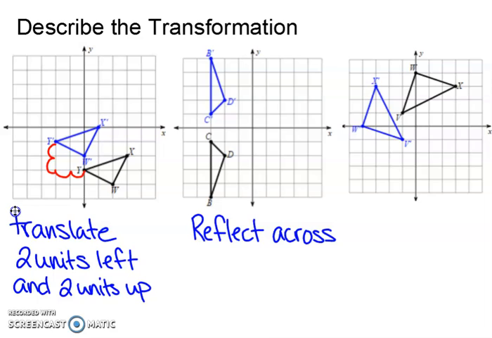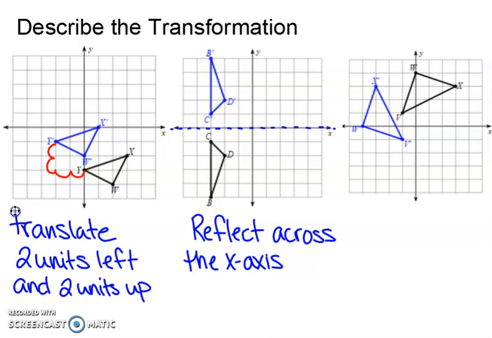So you're looking for the line that would be directly in the middle so that every point would be an equal distance. So C and C, if you notice, they're only 2 spaces apart, so directly in the middle or 1 space would be my x-axis. So reflect across the x-axis. If it were a different line, you would say something like reflect across the line x equals 3 or reflect across the line y equals 2. That's fine.